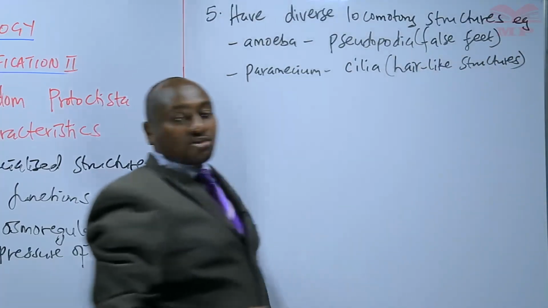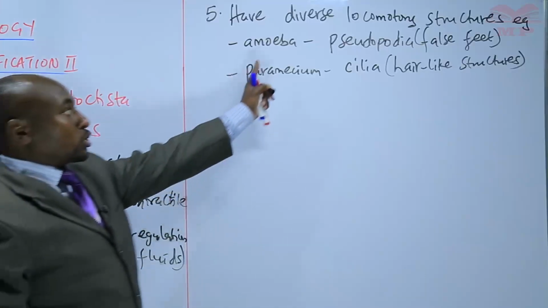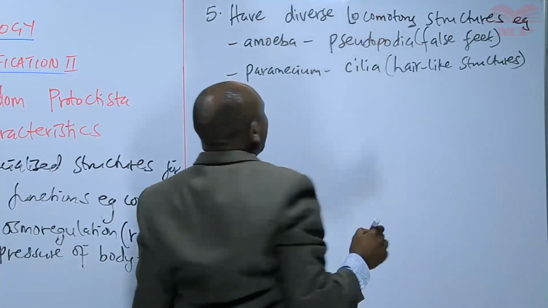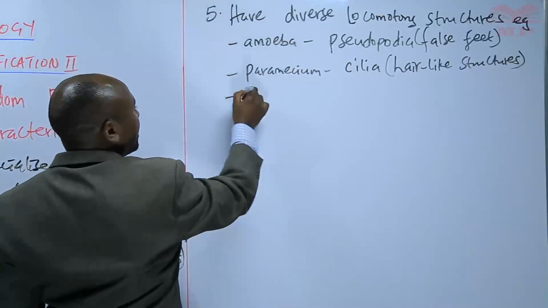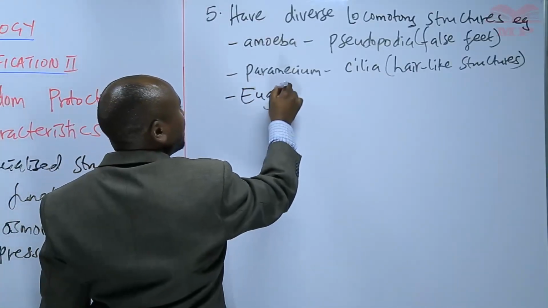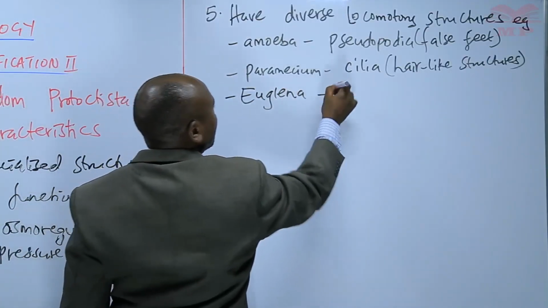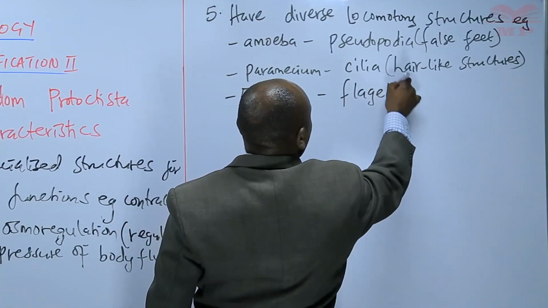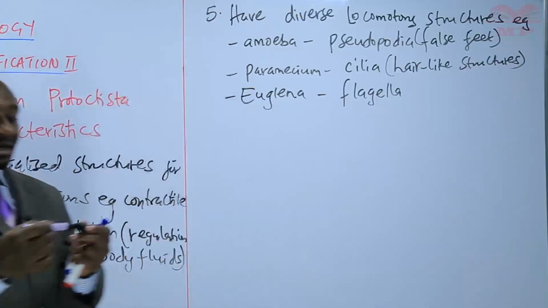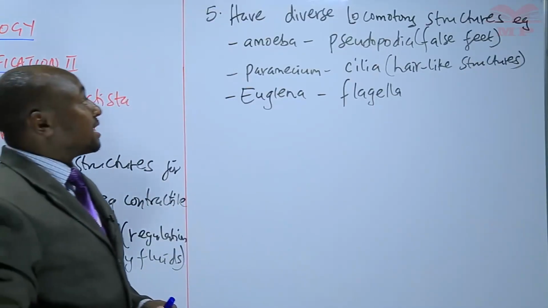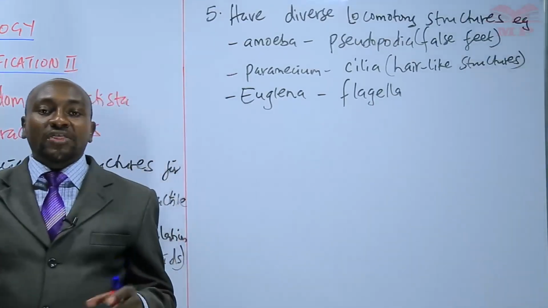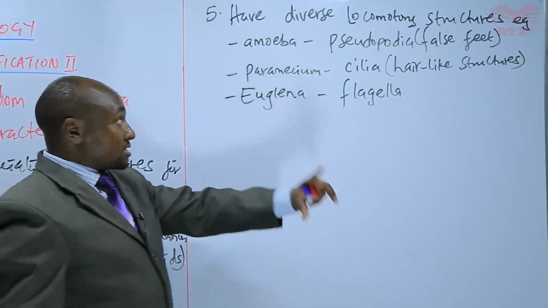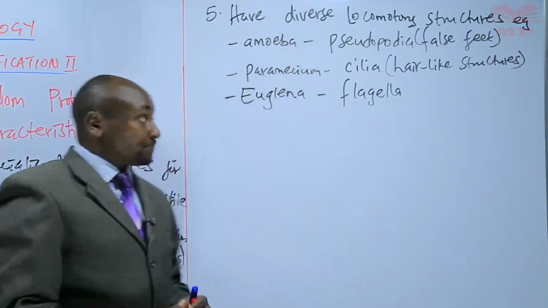Cilia are hair-like structures. They are meant for locomotion, movement from one place to another. Then we have an example such as Euglena. Euglena is an algae. This one has flagella. So you can see that the kingdom Protoctista have organisms with many different locomotory structures.